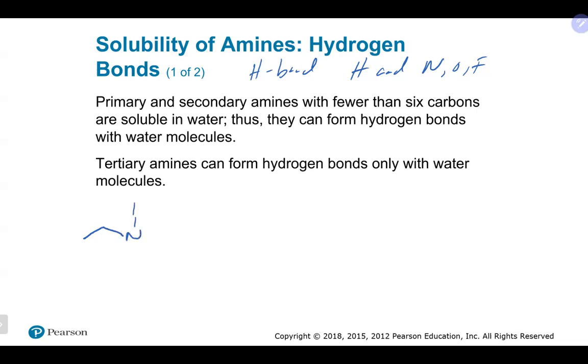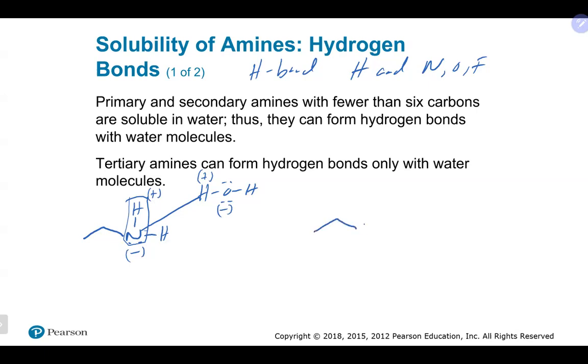We'll just steal the line structure. That is a bond between nitrogen and hydrogen there, so that's able to hydrogen bond, which means when it reacts with water, it also is able to hydrogen bond with it between the more negative nitrogen and the more positive hydrogen in water, so that makes it soluble.